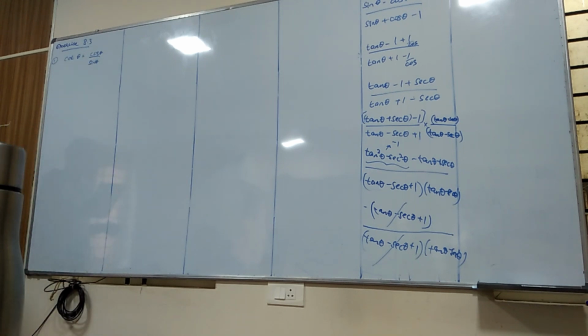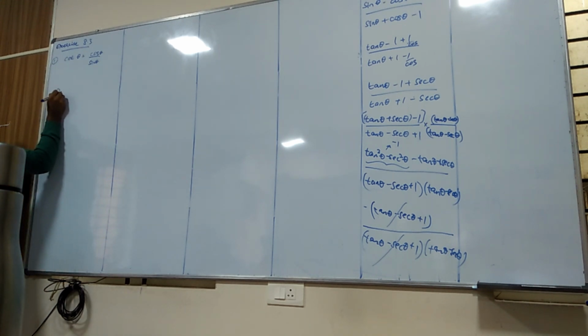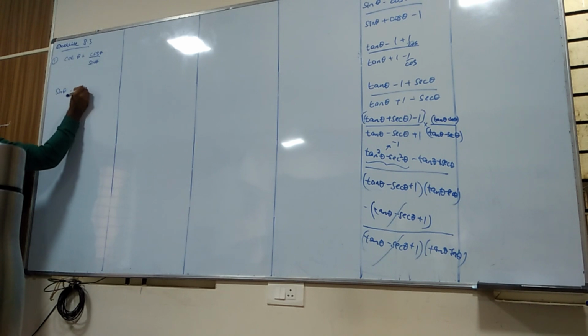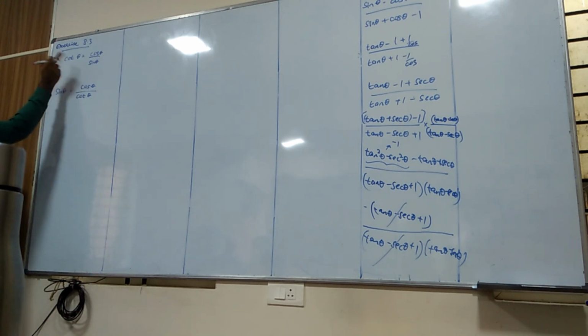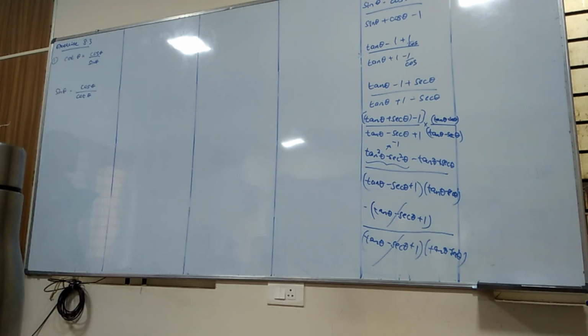Yes. So now sin theta is equal to cos theta divided by cot theta. Express sin in terms of cot. Now for the numerator, what will you do?